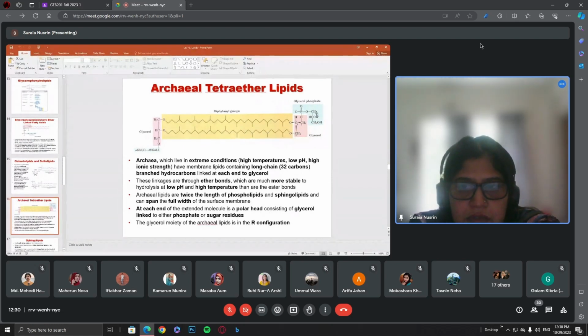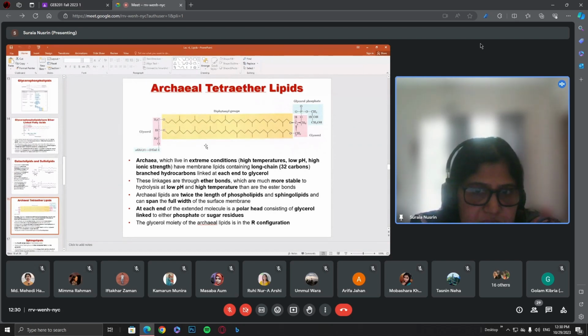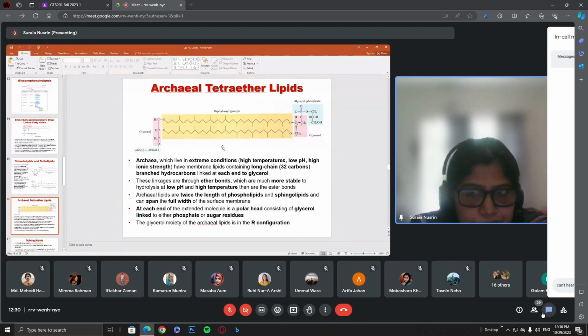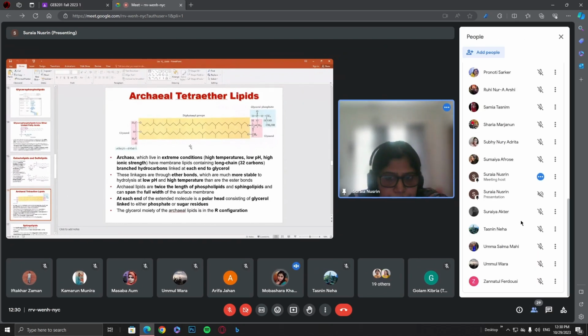That means another phosphodiester bond is also present, and on the other end where the sugar residues are attached, that is bonded by glycosidic bond. Is it clear? Have we understood? Yes, please.